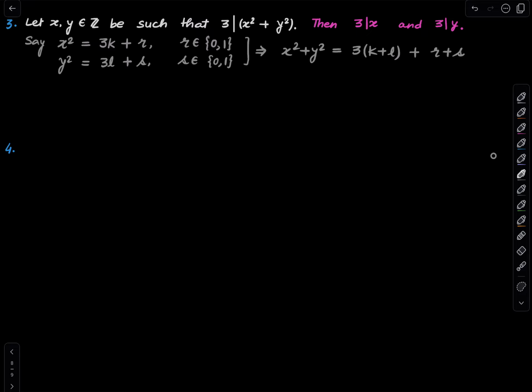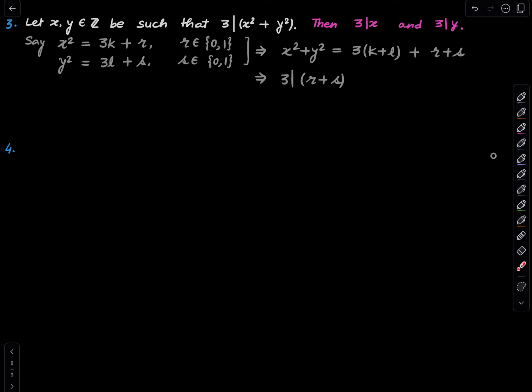And what do we know? We are given that this happens. So 3 divides this term, and 3 already divides that term. So 3 must also divide the remaining term: 3 divides r plus s. Hope this is clear. 3 divides this as given, 3 of course divides that, so 3 must divide what is left.